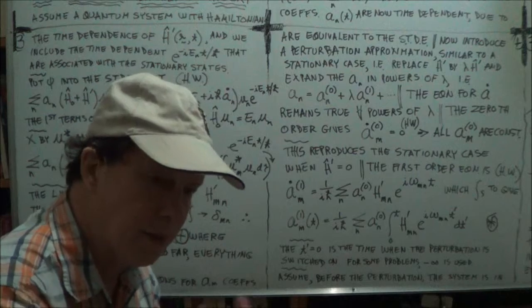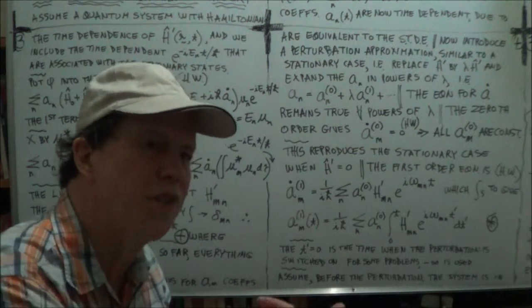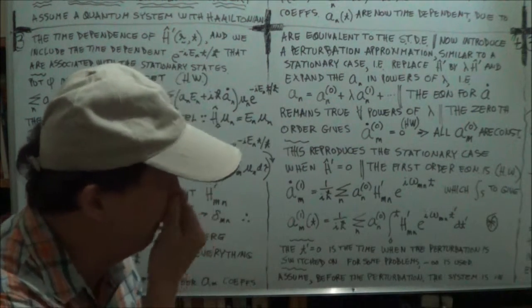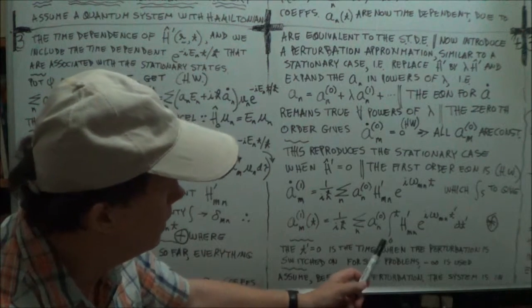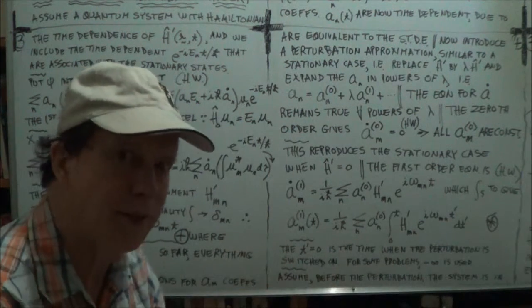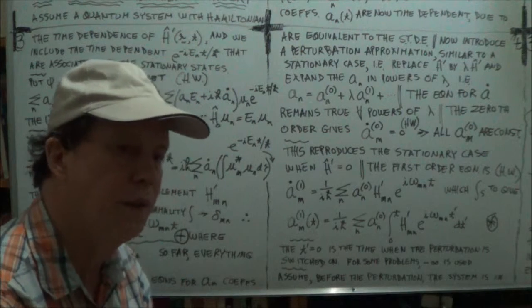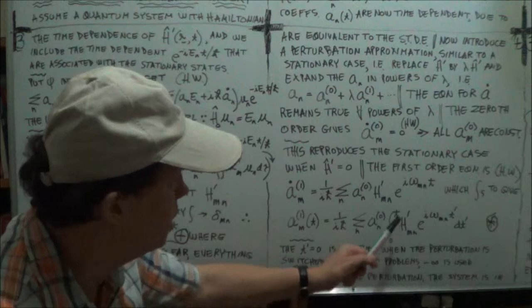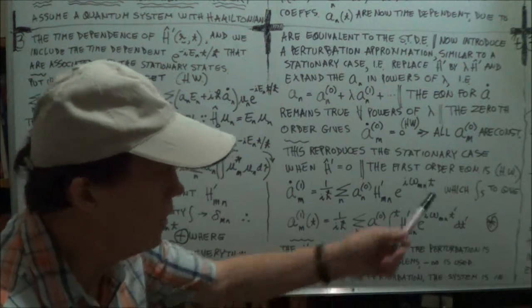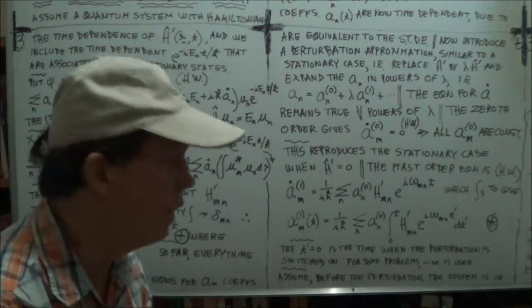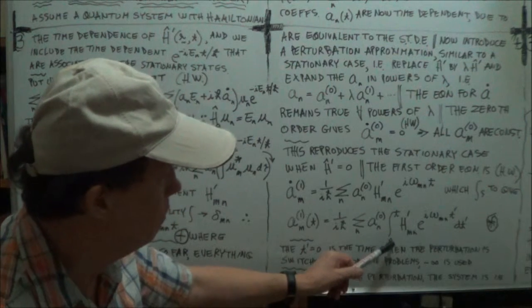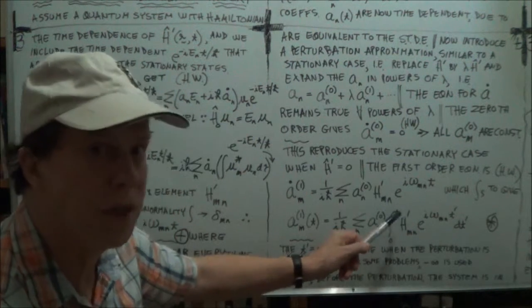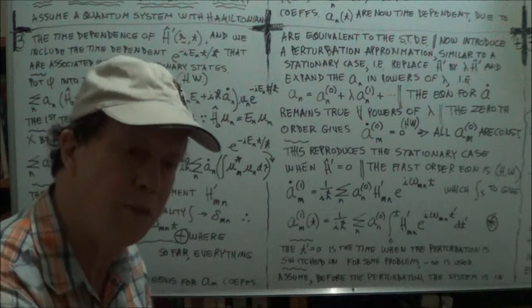Hypothetically, it switches on at time t0 is 0, and that perturbation is acting over time until time t. So the perturbation is active from time 0 to time t, a time interval of t minus 0.